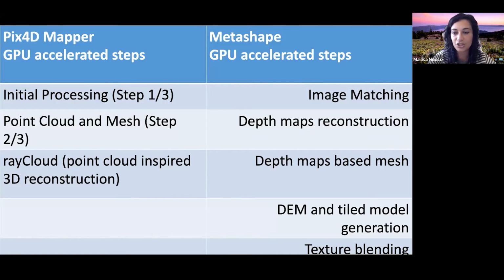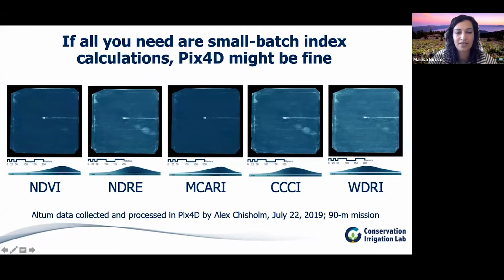So in Metashape, it's image matching, depth map reconstruction, depth map based mesh, DEM and tiled model generation, and texture blending. A lot of those steps, you'll just see a much greater increase in speed if you decide to invest in a GPU. But at the same time, if you are just going to be doing these kind of small batch index calculations, Pix4D might be fine, or Metashape with no GPU might be fine.